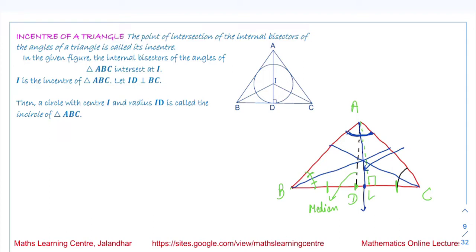Angle bisector of C means this is the whole angle, then this part and this part are equal. The point where these angle bisectors meet is called the incenter.